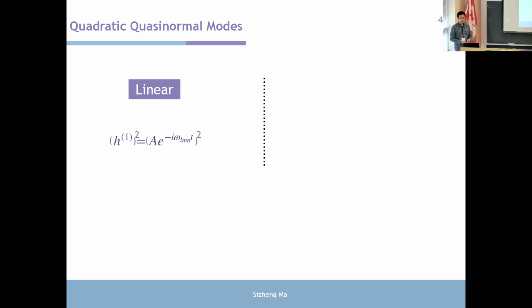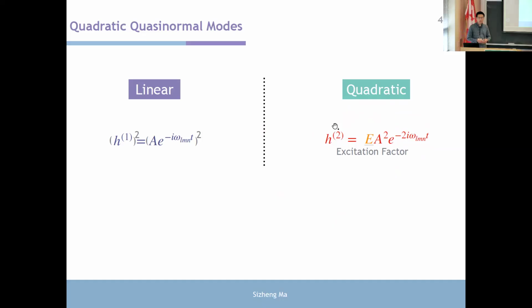Roughly speaking, its source is given by h squared. So we can imagine that the spacetime will undergo a driven oscillation at 2 omega, and the amplitude is proportional to A squared.